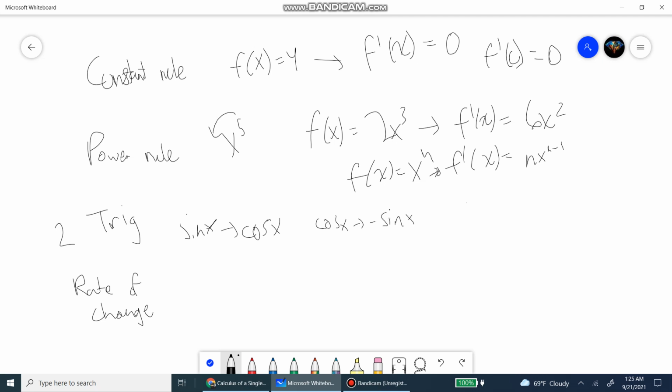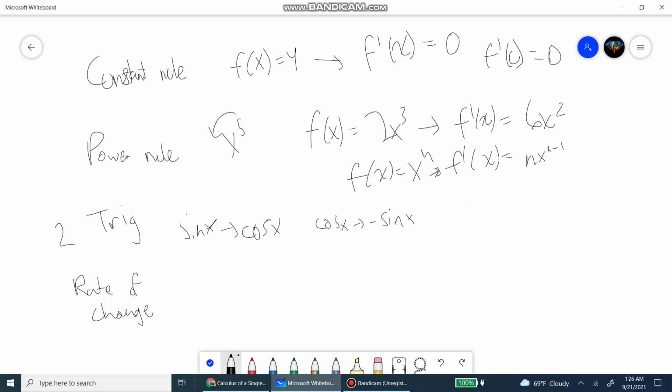Okay, those you need to know for now. And this makes sense because if you look at the graphs, the graph of cosine x is like graphing the slope of the sine x graph. And the graph of negative sine x models the slope of the tangent lines for cosine x.